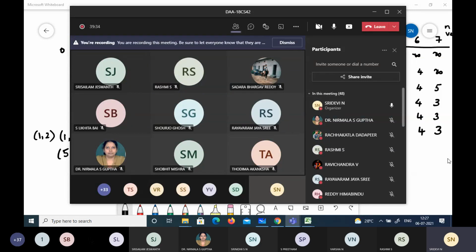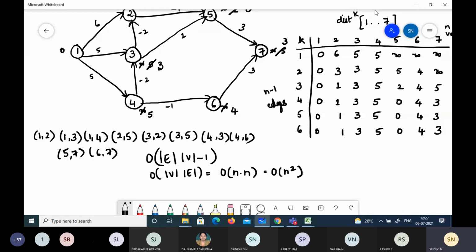So I'm asking about a graph. A graph is complete if there is an edge between every pair of vertices. Okay, if you have an edge between every pair of vertices, then we consider that particular graph as a complete graph. Whatever you said is correct with respect to a tree, Rashmi. So this is with respect to a graph. Whenever we have edges between every pair of vertices, then that particular graph is complete.